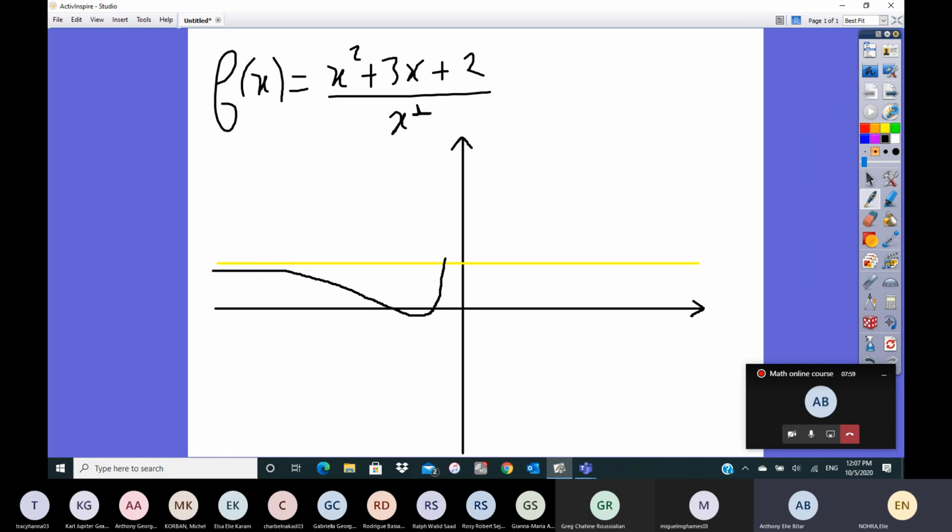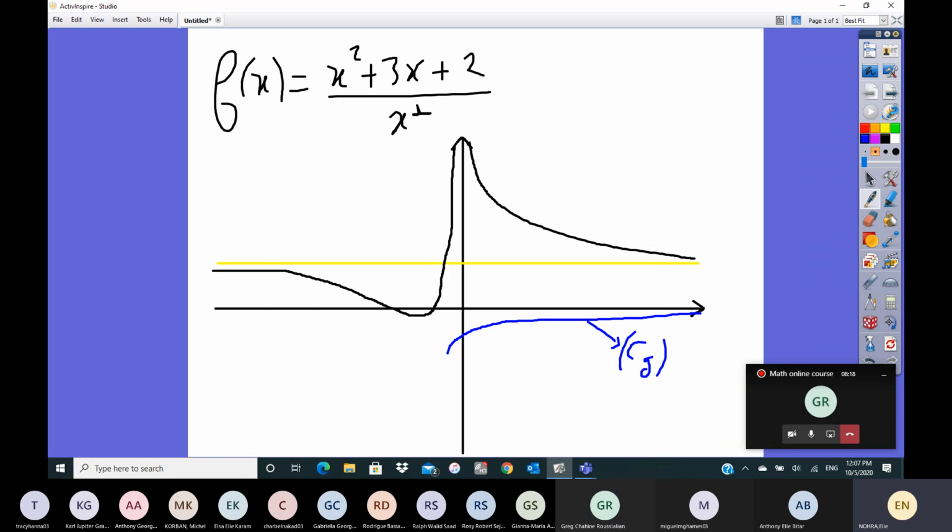Yes, we are continuing the exercise. And the inverse function was like this, if you remember. The blue one is the inverse function Cg, and the black one was Cf.